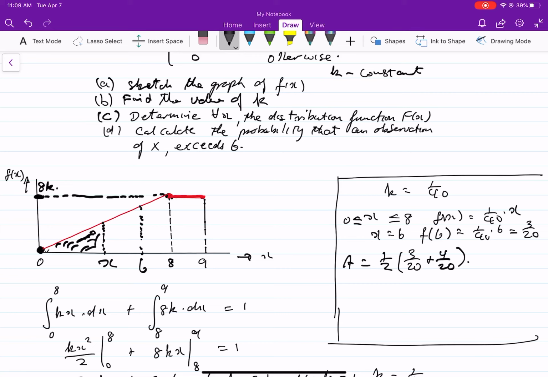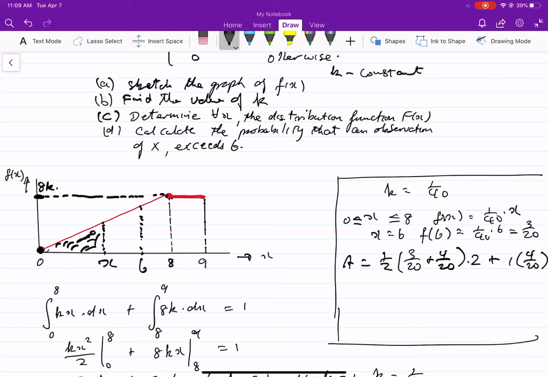Times the distance between those two parallel sides. The distance between 6 and 8, that's 2. Plus the area of the rectangular part, where the width between 8 and 9 is 1, times the height, which is 8k. 8 times 1 over 40, or 8 over 40, or 4 over 20.